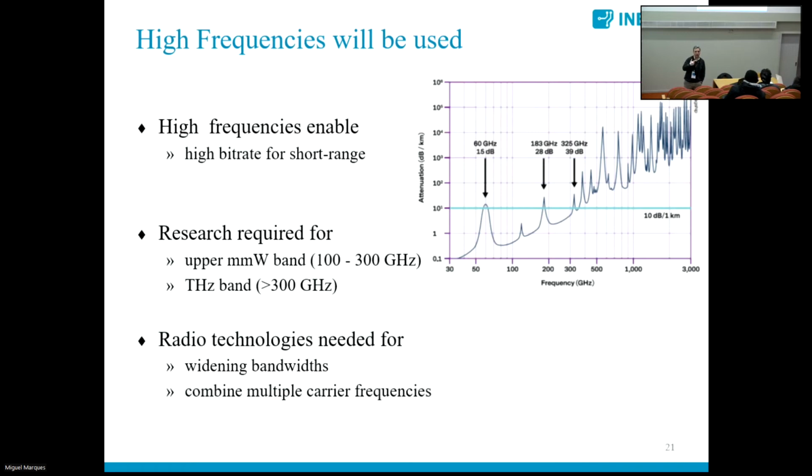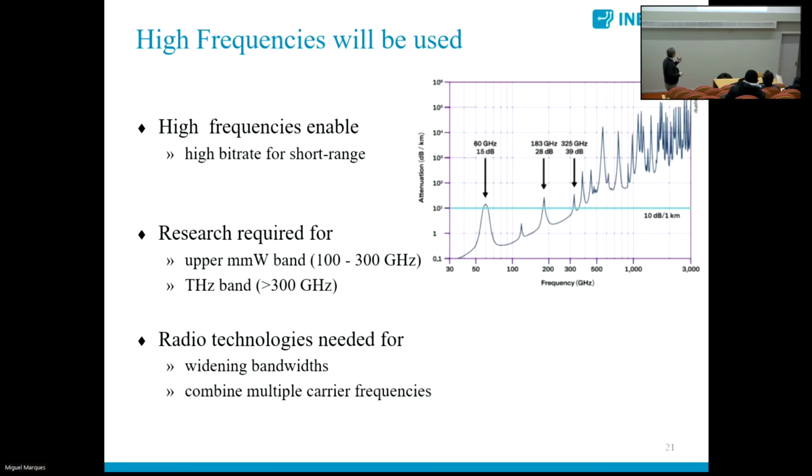Nowadays, if you recall, 5G operates at 1 gigahertz, 3 gigahertz, and in the future 30 gigahertz. So the attenuations there are much smaller than the attenuations we are going to observe at very high frequencies.